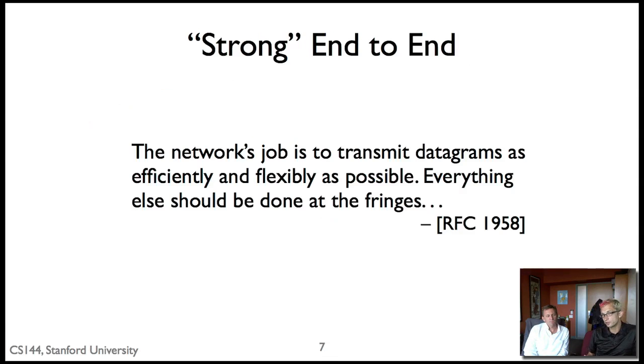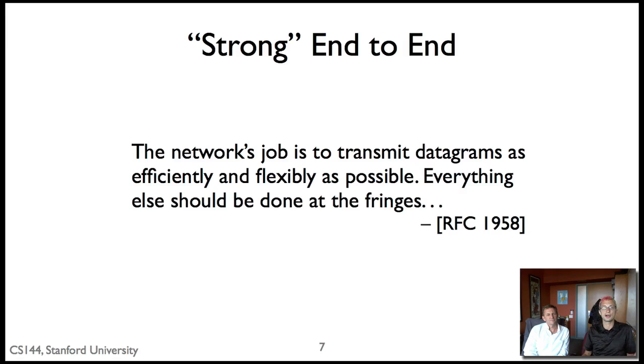And so while the original end-to-end principle described in that seminal paper said that you have to do an end-to-end check, and you can put some stuff in the network if you want to improve things, a general philosophy today in the design of networks is that you should avoid putting things into the network. If you look at RFC 1958, this is what I like to call the strong end-to-end principle.